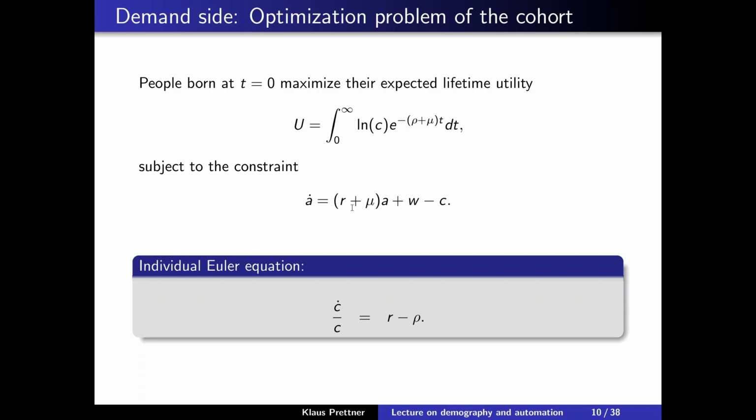Asset income now consists of two parts: interest income, that's intuitive and clear, but in addition we have redistributions of a life insurance company, because it's assumed in such a model that individuals save in the form of annuities, so they buy a life insurance. And what a life insurance company does in the market equilibrium is it basically redistributes the wealth of those who die among those who survived.